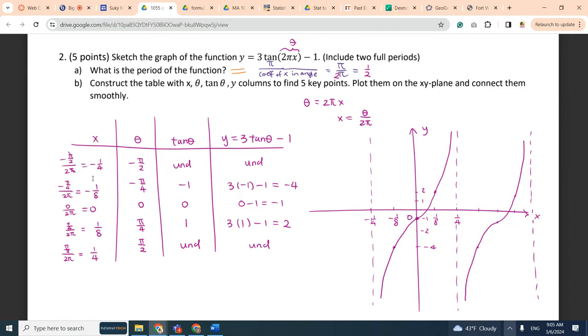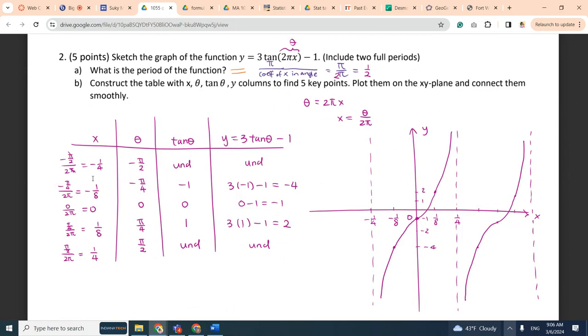So in this problem, you see the x values don't have pi because the pi cancels with the denominator, 2 pi. And then for the y, you plug in your tangent theta and you get the y. And then when you look at the x values, you see the biggest is 1/4.